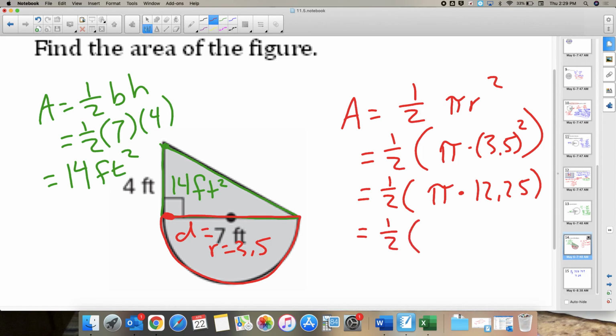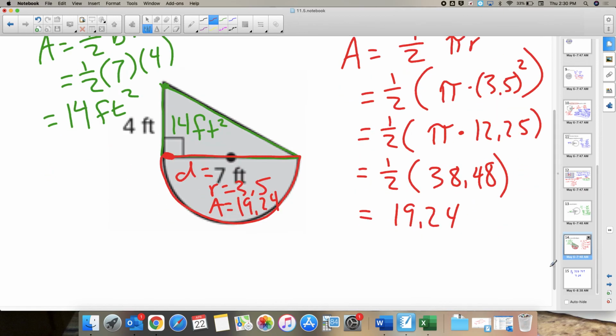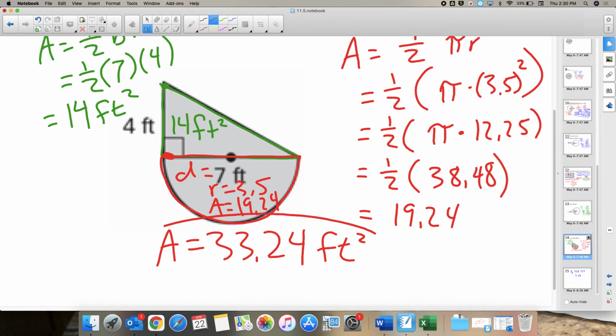So the area of my whole circle would be 38.48. But we only wanted our semicircle that was there. So I take my 38.48 and we divide it by 2. 19.24. So my 19.24 plus my 14, we get our overall area then of 33.24. Looking at our units, we're in feet squared.